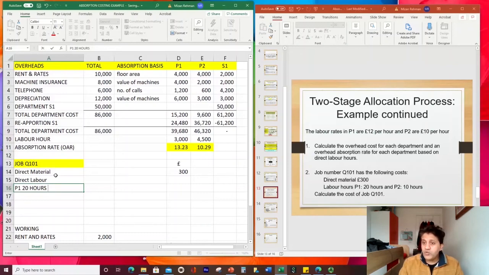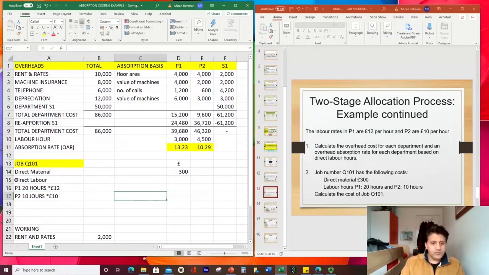In P1 we pay £12 per hour, and in P2 we pay £10 per hour, as the question says.